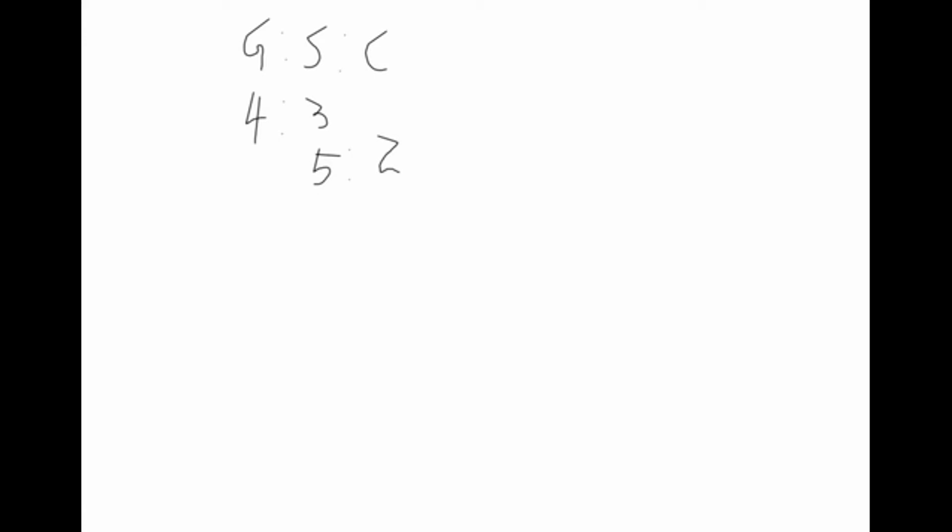So here we are going to multiply goats to sheep by 5, and then the lower ones we multiply by 2. So we have goats to sheep to cows, we have 4 multiplied by 5.